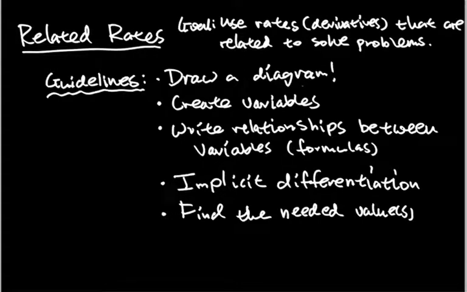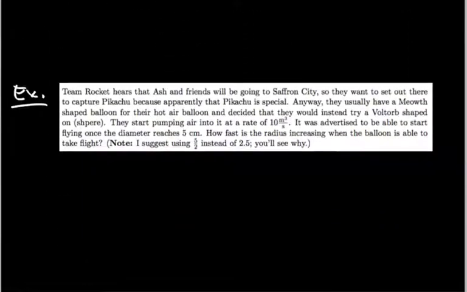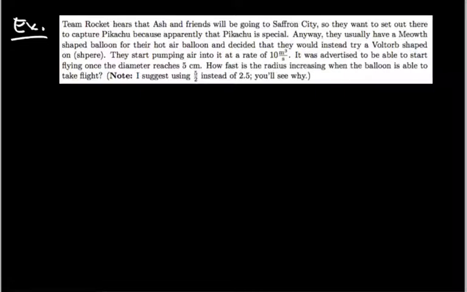So you don't actually have to write things to one variable only, because implicit differentiation lets you do whatever you want to. Then you find the needed value or values after that. Actually, chances are it's just going to be one value. Alright, let's look at this problem that I found, wrote, and modified.